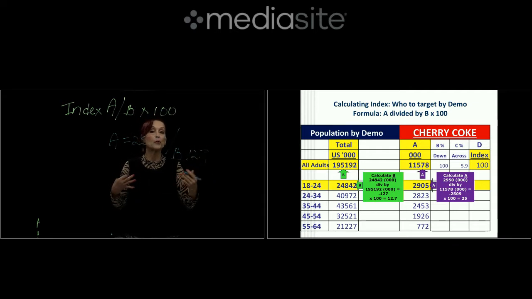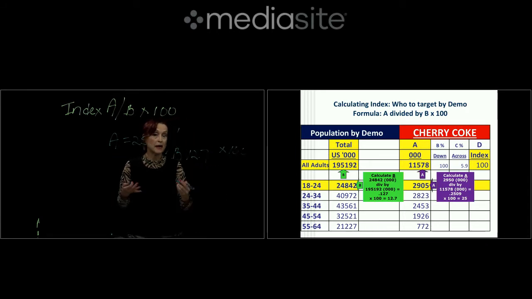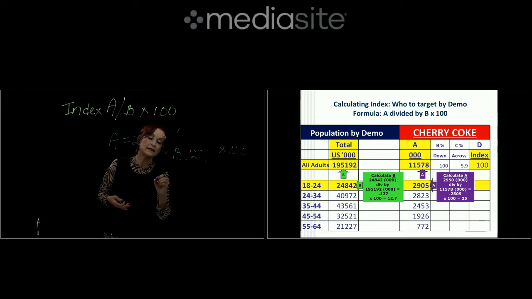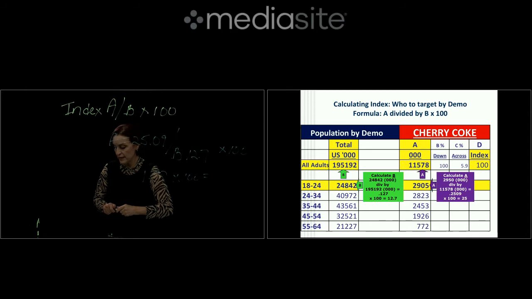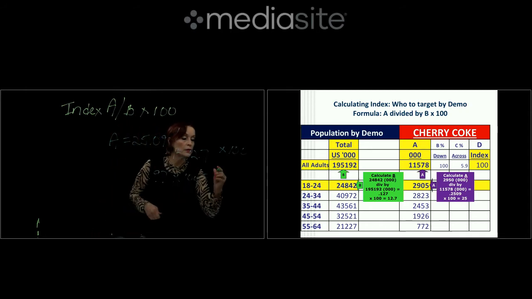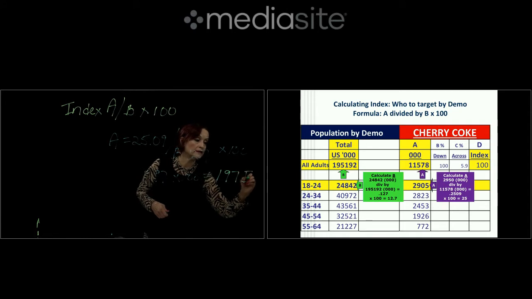And these are the percentage of adults 18 to 24 in the population of all adults. So when you do A divided by B times 100, this division gives you 1.97 times 100 equals 197. This is your index.